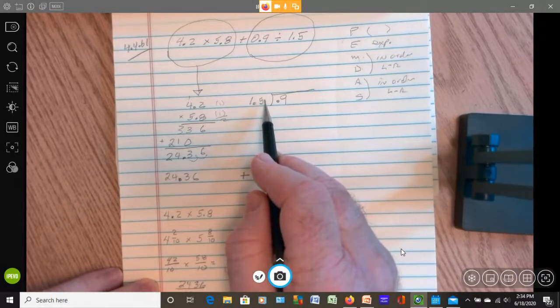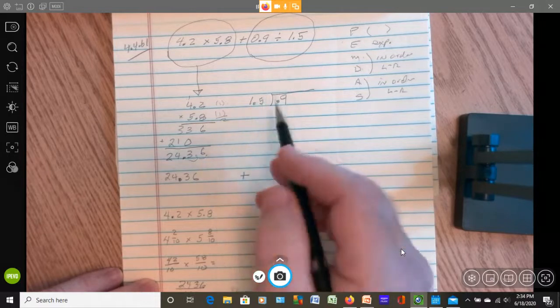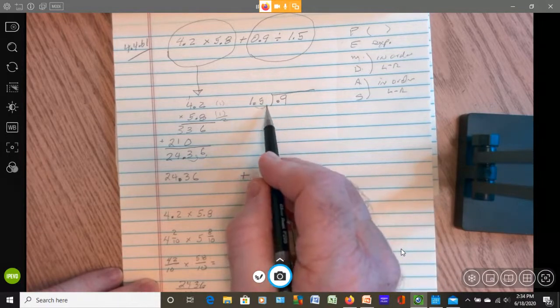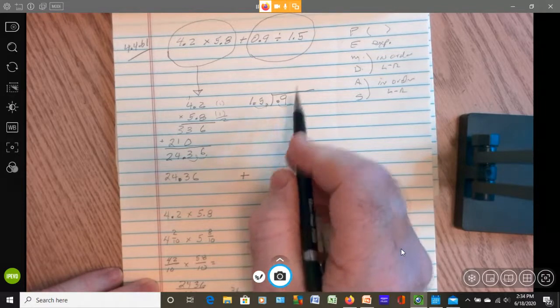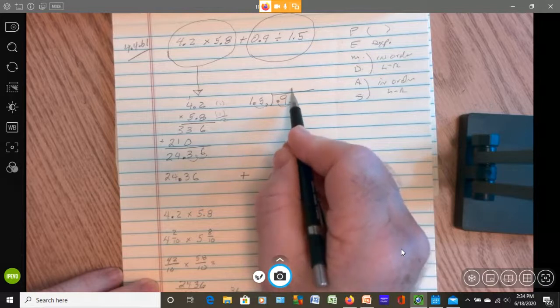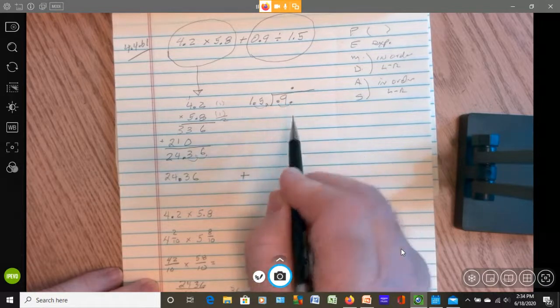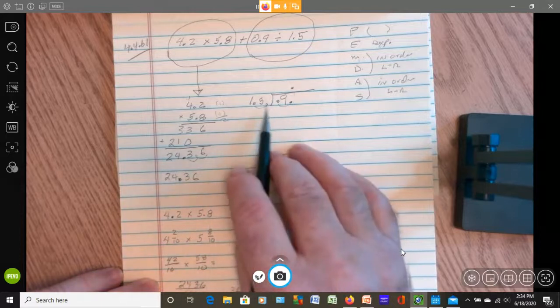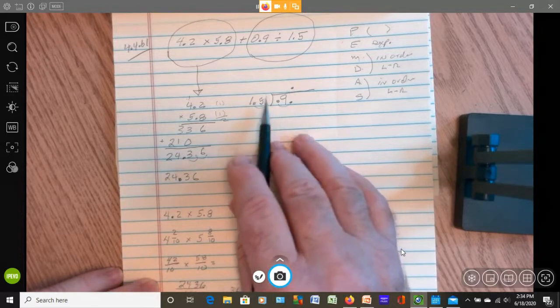And how can you do that? Well, the technique says move the decimal point one place to the right here, and then one place to the right here, and bring it up to where it's going to be in your answer. Now, I'm going to go down here in a minute and do something that's going to explain why this move one place to the right works.